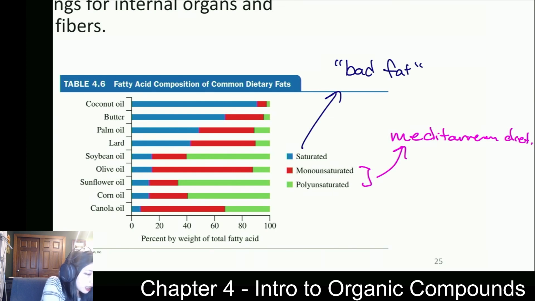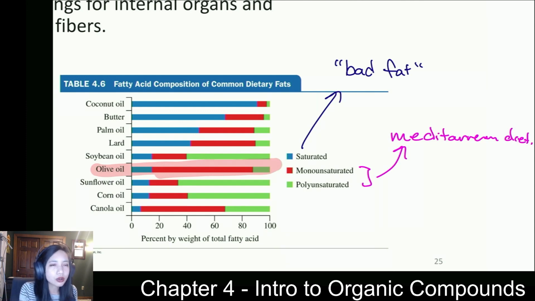If we look at olive oil here, I think it has one of the least saturated fats and the most monounsaturated fats. So the whole premise of the Mediterranean diet, I think, is that monounsaturated fat is much better than the bad saturated fat. So if you eat a lot of olive oil, it's healthier. I think that's where that idea comes from.